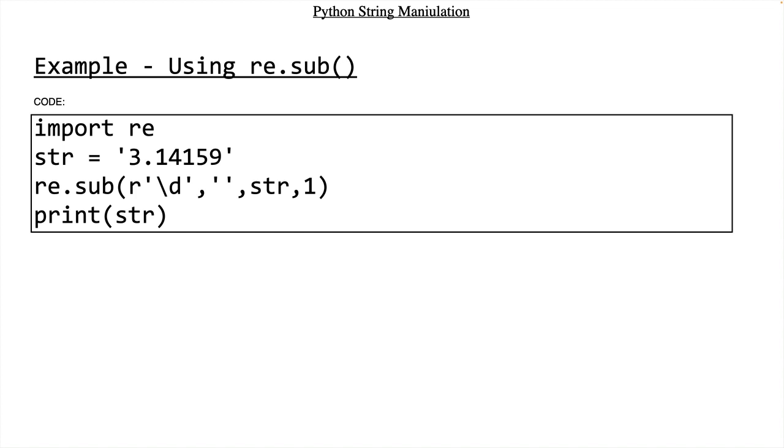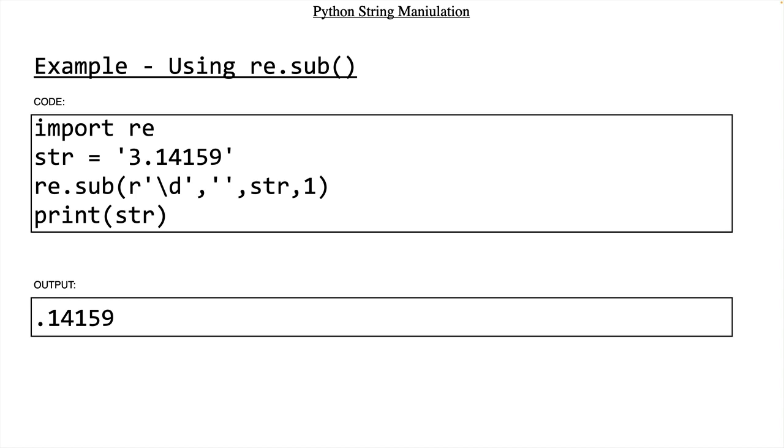So find the regular expression, replace it with nothing in the variable str, but only do it one time is what that method call is doing. If we were to execute this code, then just the first digit, just the 3, disappears, and we're left with .14159.